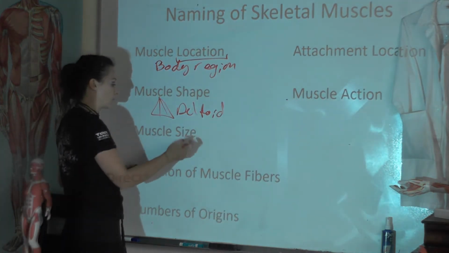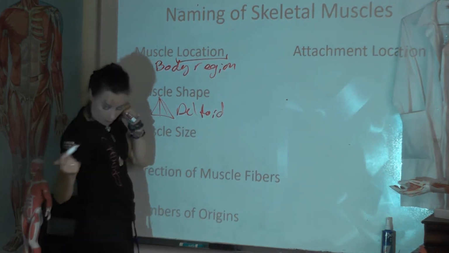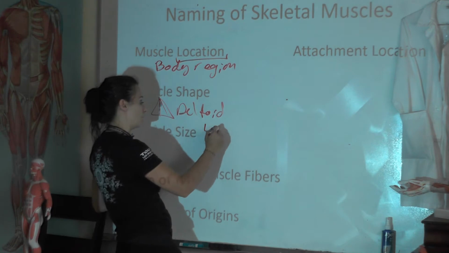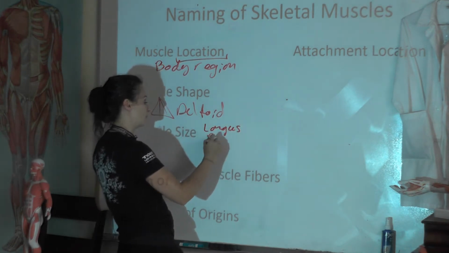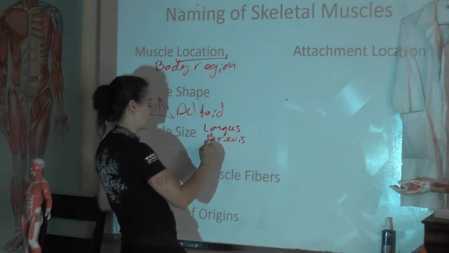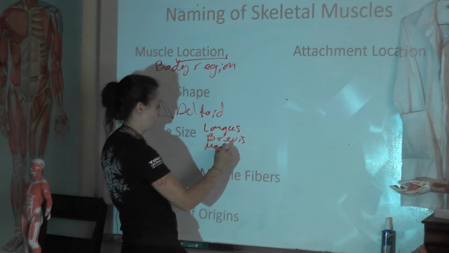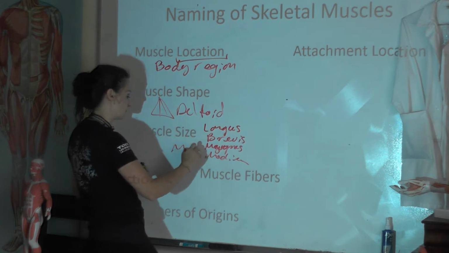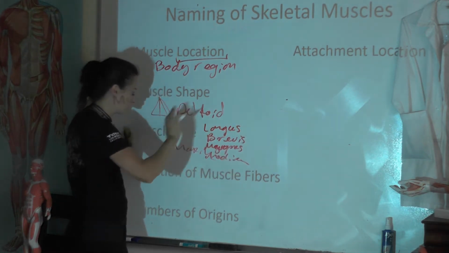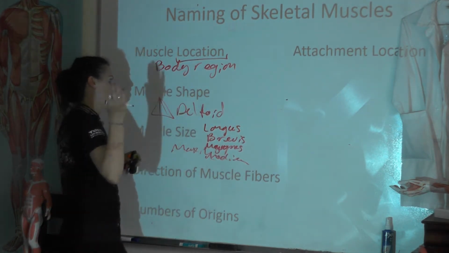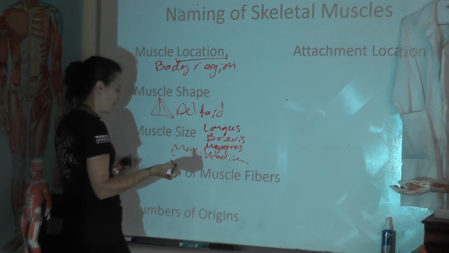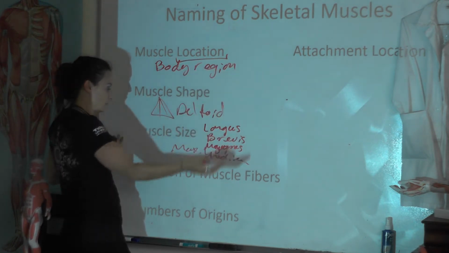So we can also name them based on muscle size. What are all of the words that we use for that? Longus, brevis, magnus, medius, minimus, maximus. You can write down the whole list on your note cards, because with the muscles you need to know.